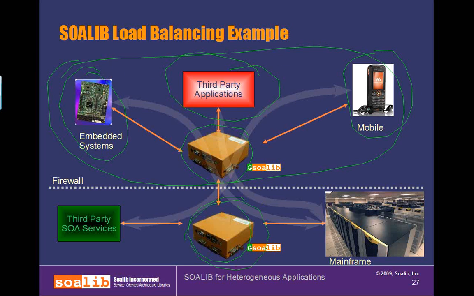You can add another SOALIB service, which, if there is no connection here, is connected from a third-party application to the mainframe. So it allows third-party applications to connect to the mainframe. Now, when these two are connected, one can share the network of the other. It is like connecting a cable to your internet. When you have internet, you can see the entire network. Same with SOALIB.